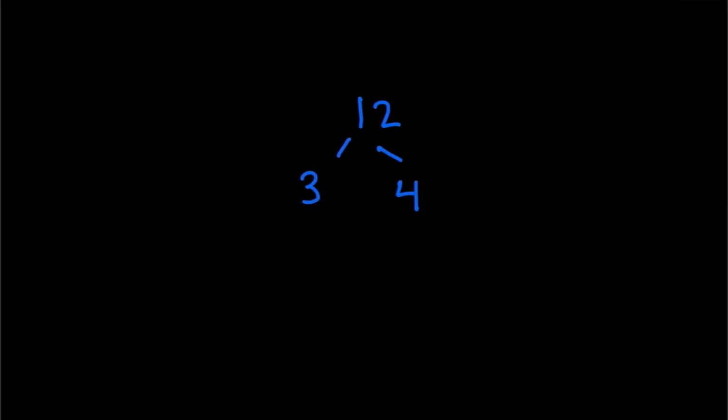So what we do is we write the number 12, and then we put a little dash for a 3 and a little dash for a 4 to show that these are the factors. And we're going to look at both of the numbers. So 3 is a prime number, so we're going to circle it. And then 4 is not a prime number. It has two factors, that being 2 and 2. So we're going to do another set of dashed lines.